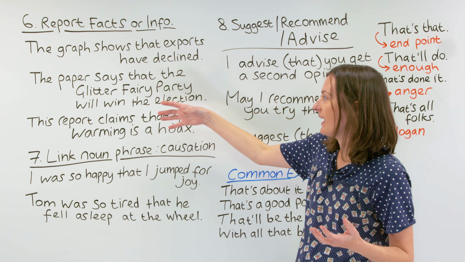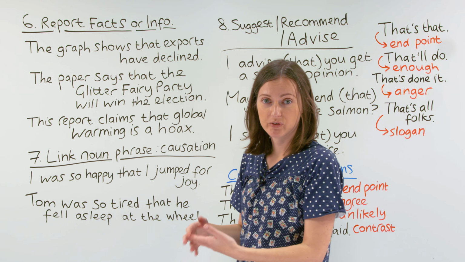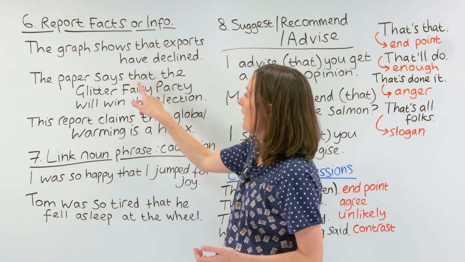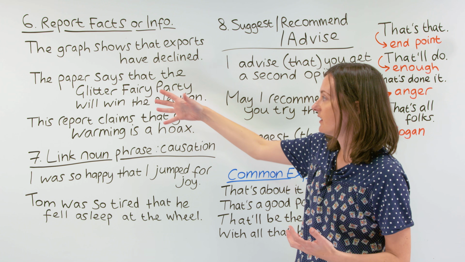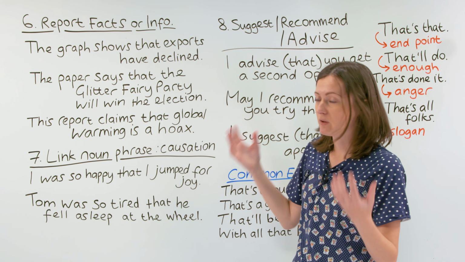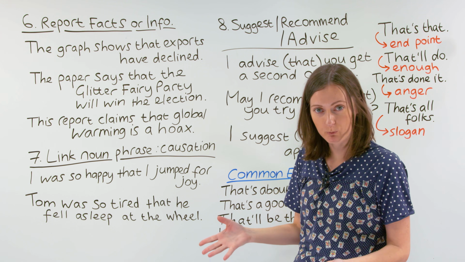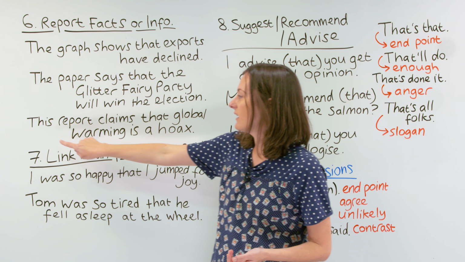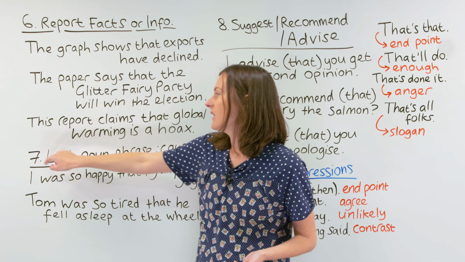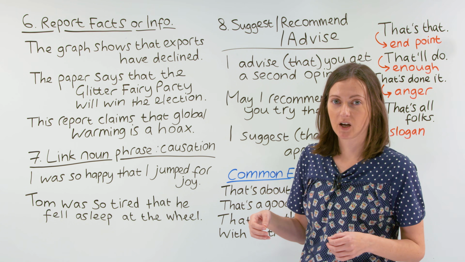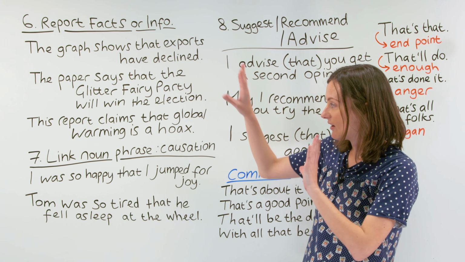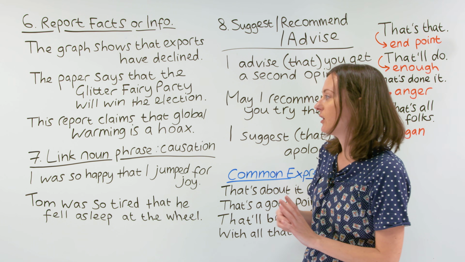Same thing happening here. The newspaper reports the news to us and we can use the construction says that so that we have the information about who's winning the election. And another example here is this report claims that global warming is a hoax. We have the same thing happening in all the examples.